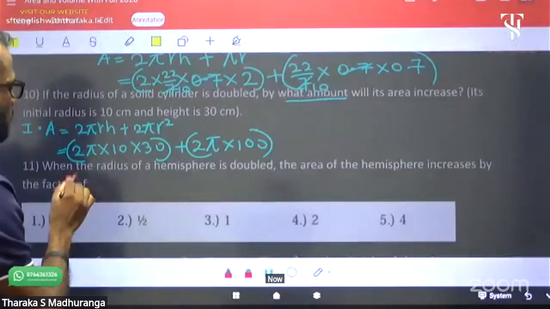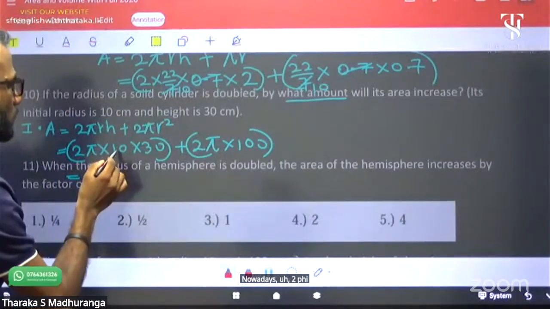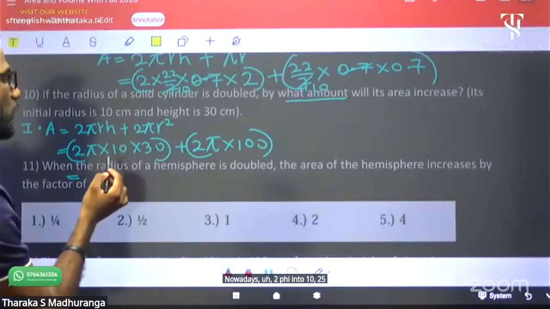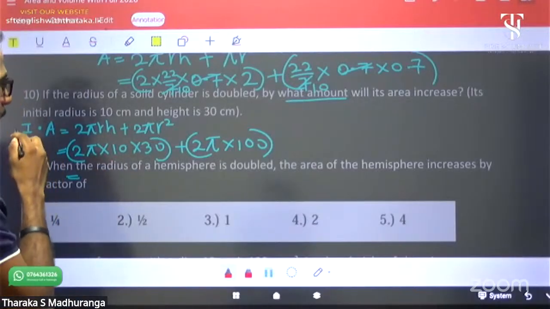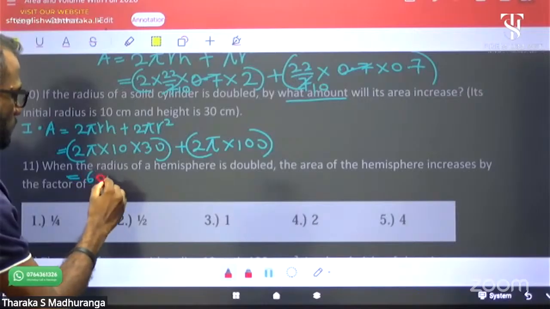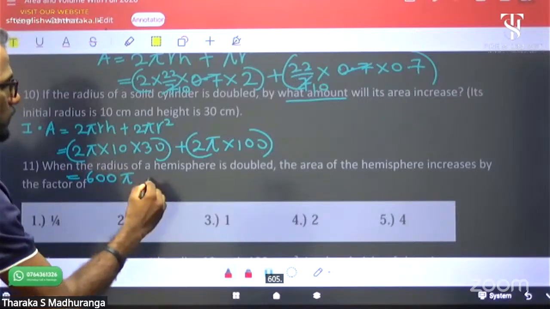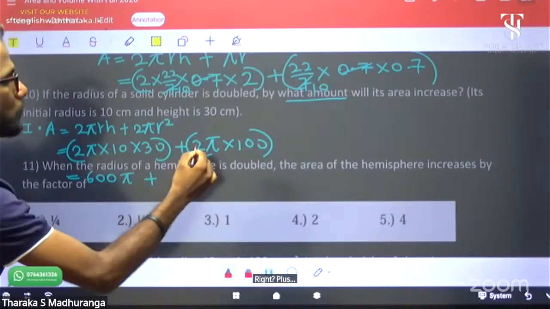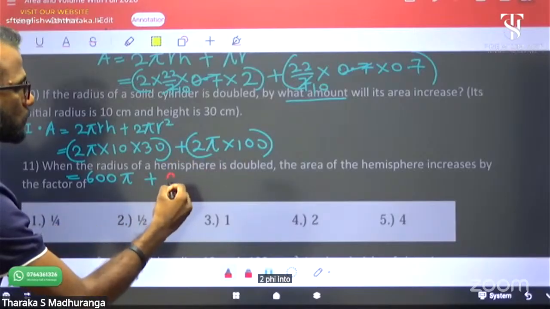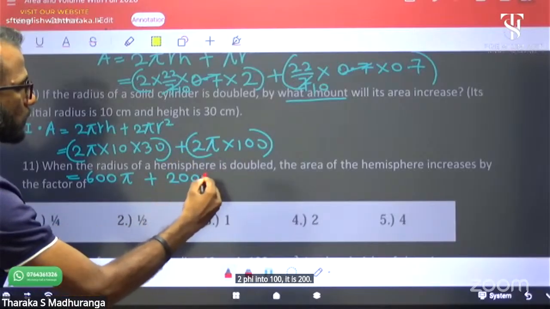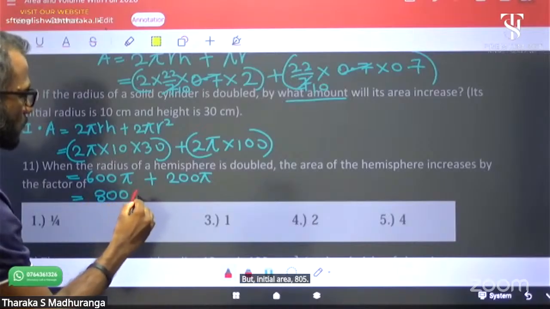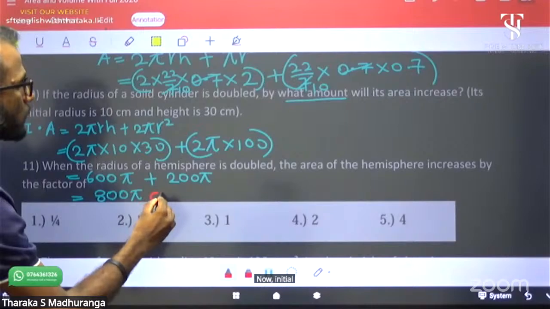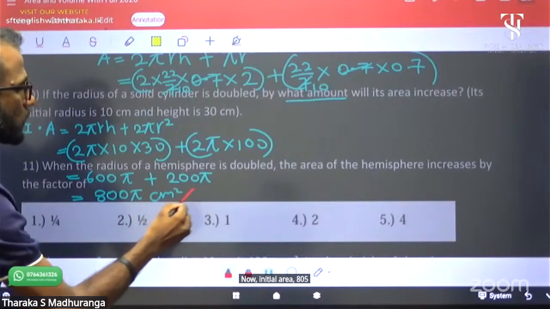Now it is 2 pi into 10, 20, 20 into 30, 600, right? Plus 2 pi into 100, it is 200 pi. Initial area 800 pi square centimeter.